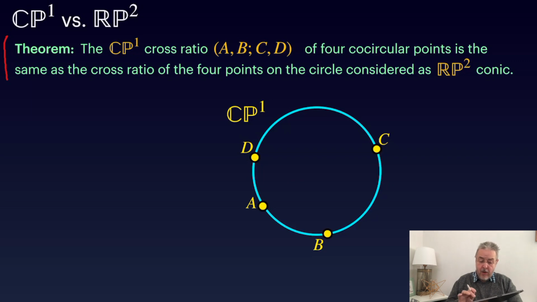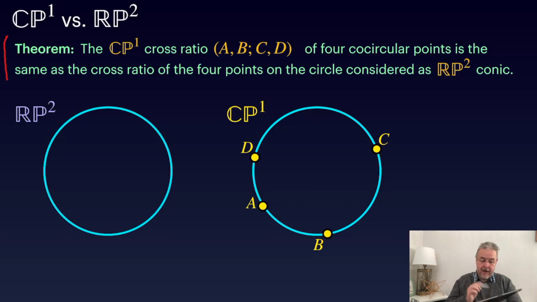So now we take the same image again, but we consider it in RP2. This circle here, I've drawn it in a different spot to make the picture clearer, but think of it as this circle here being really literally the same as this circle, and these 4 points being literally the same as these 4 points.